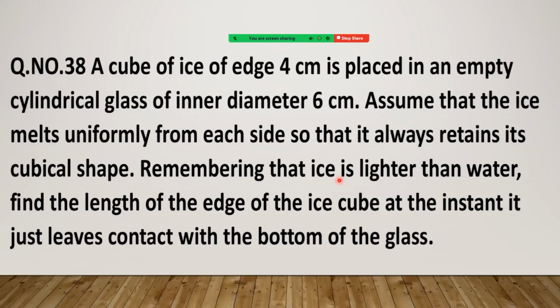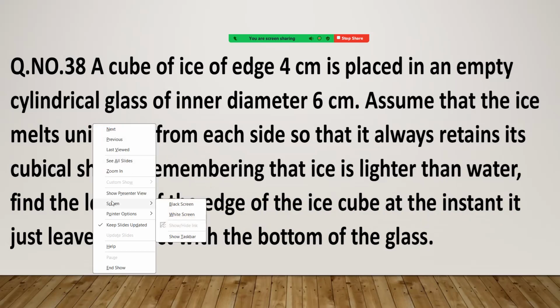Remembering that ice is lighter than water, find the length of the edge of the ice cube at the instant it just leaves the contact with the bottom of the glass. Okay. So here actually they have to mention the density of ice, that is 0.9 gram per cc.